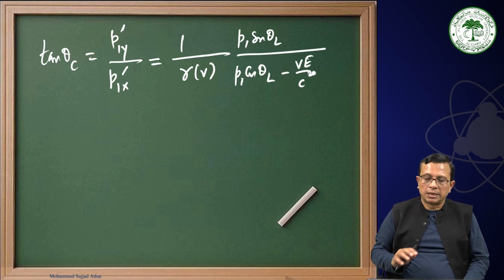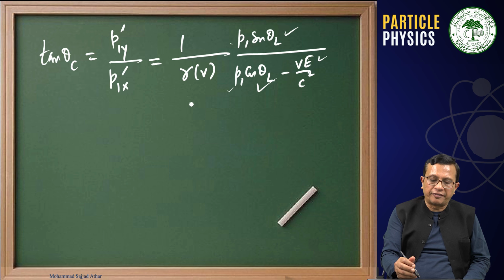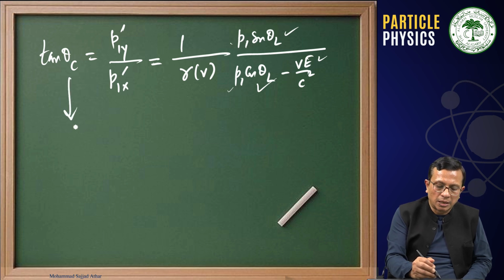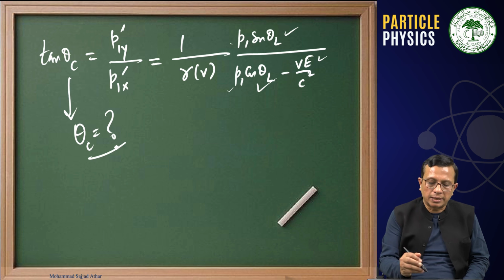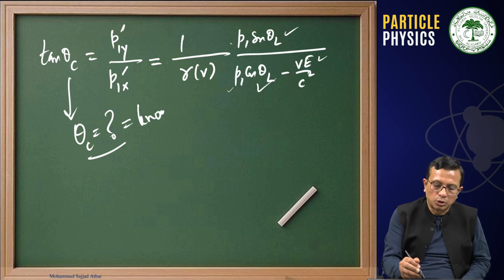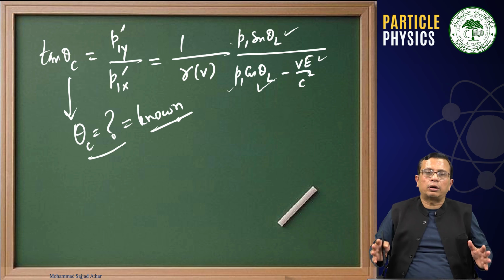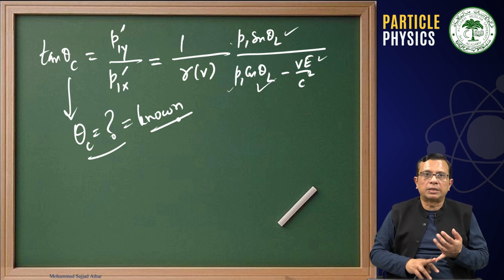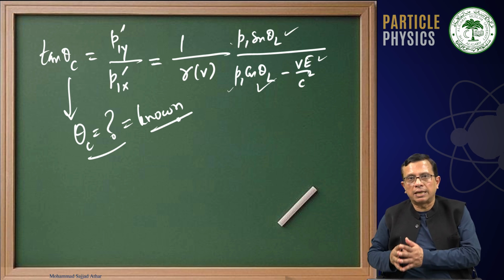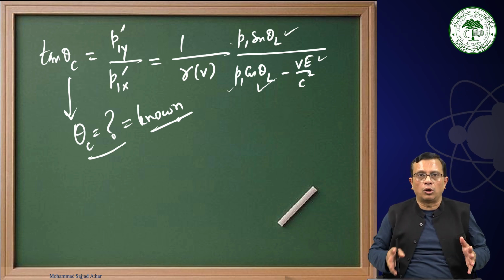Notice that we have put in the quantities we know in the laboratory frame, and with 1 over gamma V we are able to tell the corresponding center of mass angle. Through a simple Lorentz transformation, you will be able to tell the center of mass angle, laboratory angle, center of mass energy, laboratory energy, and all that.